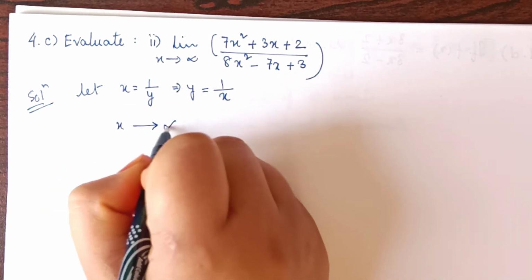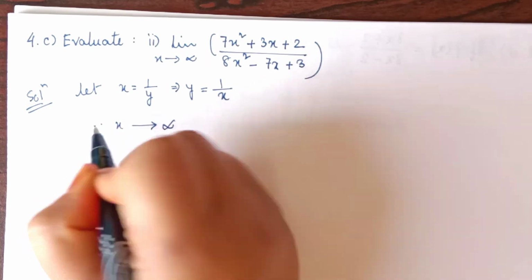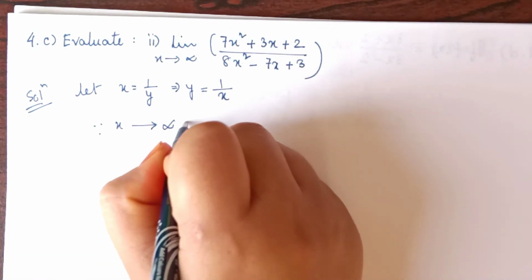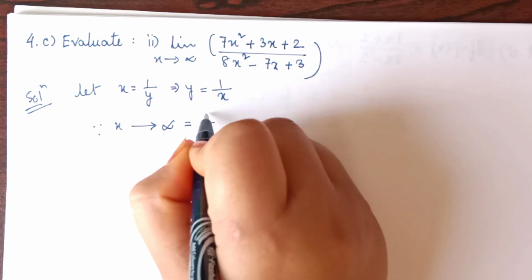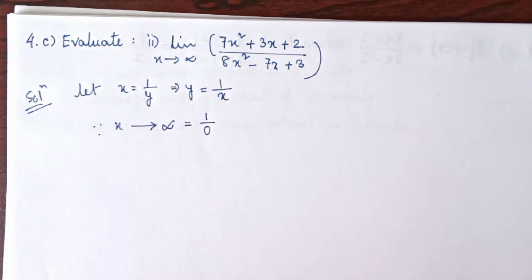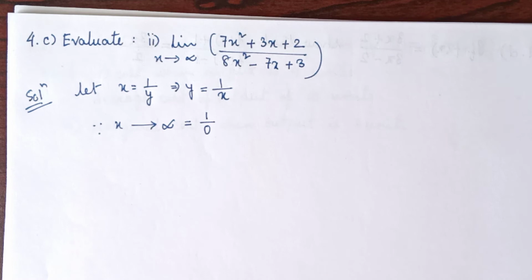Now x tends to infinity. Infinity can be written as 1 by 0. That means if you divide any number by 0, we will get the value infinity.